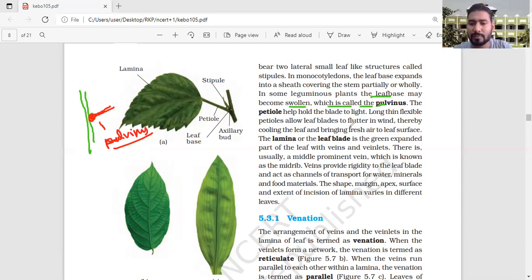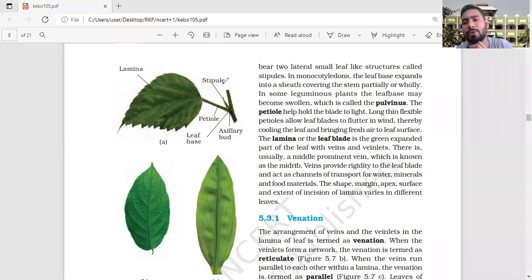Now, the petiole helps hold the blade to light. The basic function of the petiole is to hold the leaf blade, that is the lamina, to light. You have to learn a very important point: the petiole is generally made up of collenchyma cells.